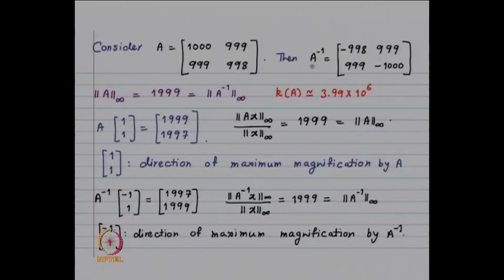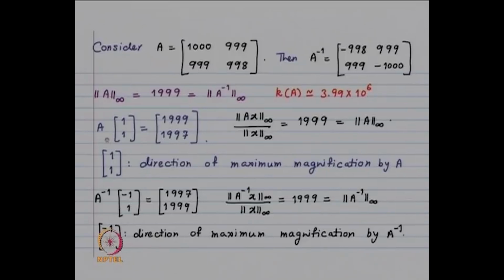The inverse of this matrix is given by diagonal entries minus 998 and minus 1000. Off diagonal entries are 999 and 999. So, these are symmetric matrices. Norm A infinity is equal to norm A inverse infinity is equal to 1999, and that gave us the condition number to be of the order of 10 raised to 6.